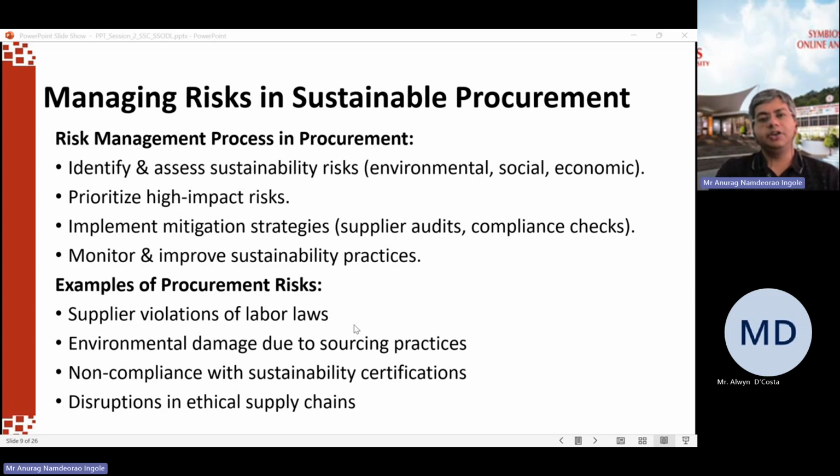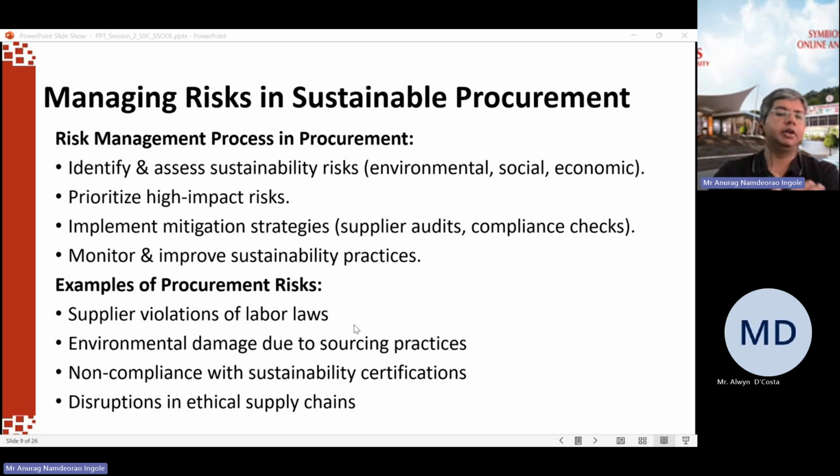Now, managing risks in sustainable procurement. We briefly touched upon what the risks are, but we can follow this short risk management process in procurement, starting with identifying and assessing sustainability risks. What are the sustainability related risks whenever I'm doing any kind of procurement activity?